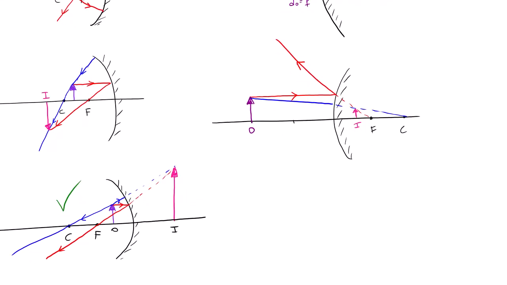Now one more time. I know it's kind of clear already that convex mirrors are not the best, but let's put the object a little bit further away. So here's the mirror, the focal point, the center, and then let's put the object really far away.